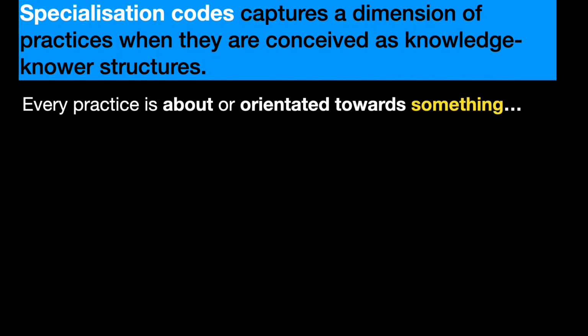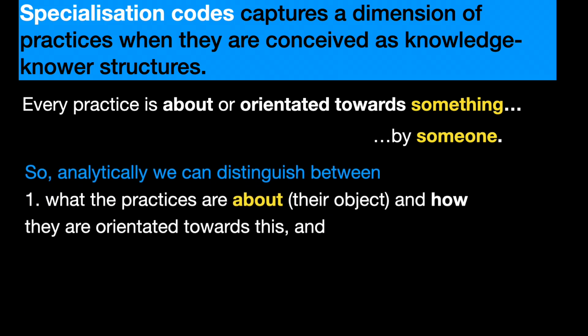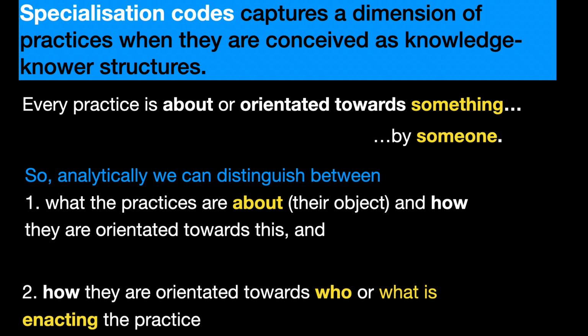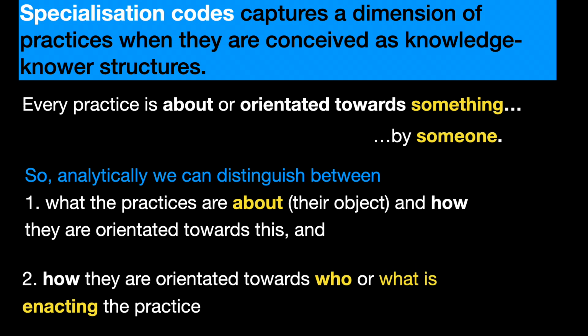Basically, these are codes that are based on the idea that every practice is about or orientated towards something by someone. So analytically, we can distinguish between what the practices are about, their object if you like, and how they are orientated towards this, and how they are oriented towards who or what is enacting the practice.